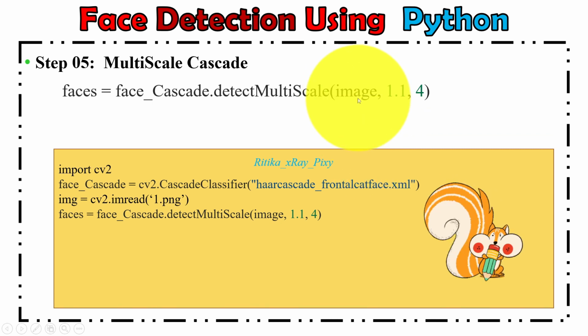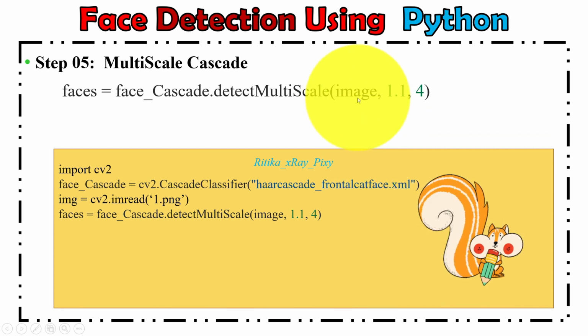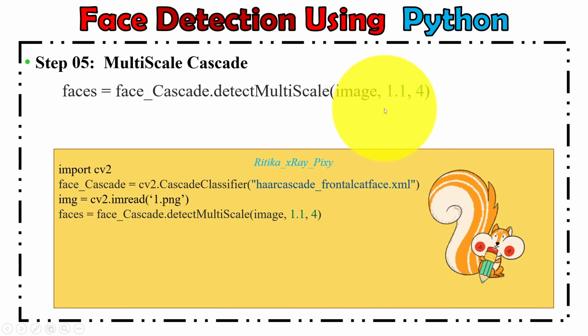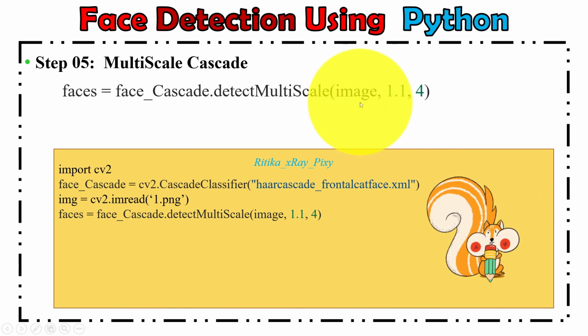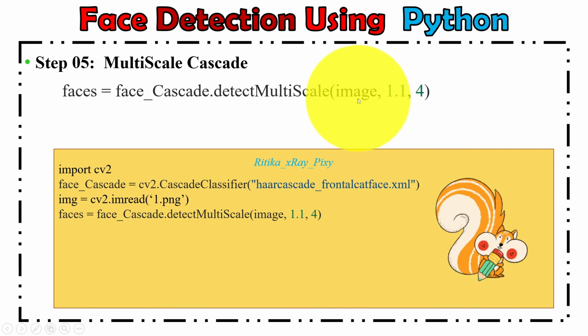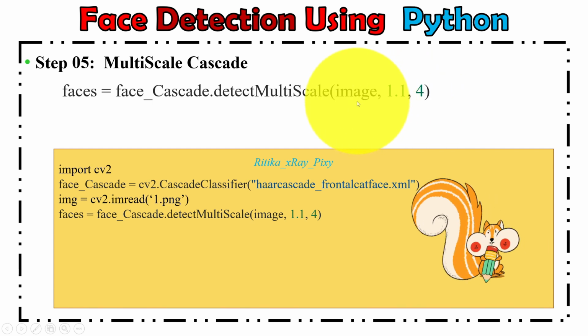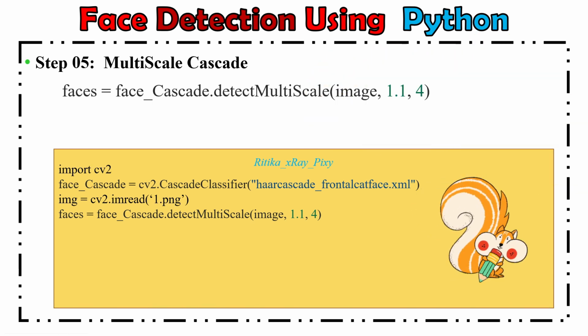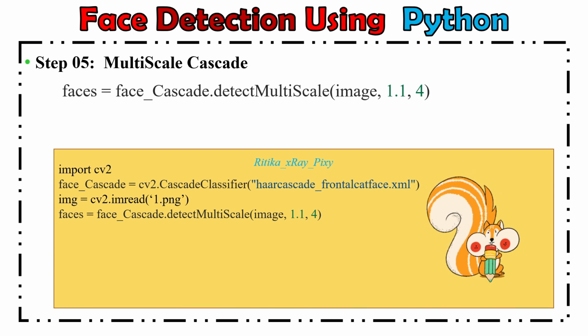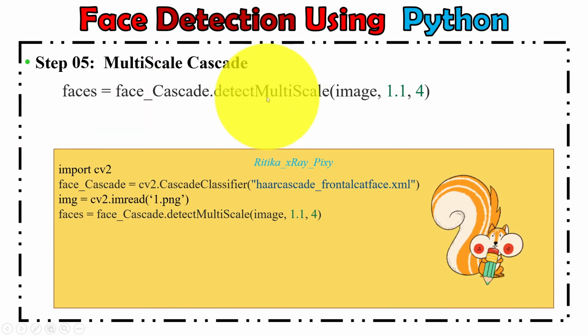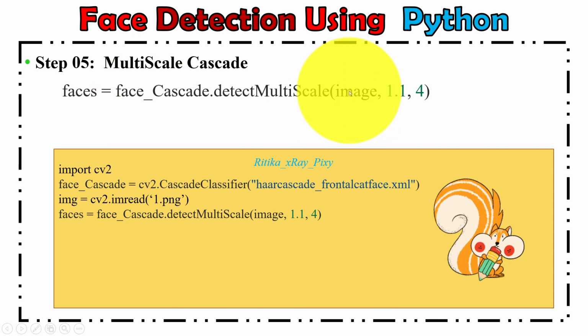Here this is the image, and on this image we are performing the face detection. Here you can see we have three parameters: the first, image, that is the input image. Second parameter, this is scale factor, like how much the size will be reduced. So now we will perform face detection on the digital image.